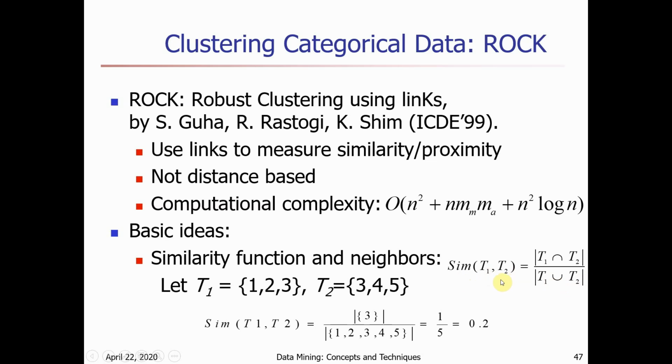This is the formula: sim of t1 comma t2 equals modulus of t1 intersection t2 divided by modulus of t1 union t2. Let us take t1 equal to 1 2 3 and t2 equal to 3 4 5. The intersection of these two is the value 3, only one value, divided by the union 1 2 3 4 5, which has 5 elements, that is 1 by 5. This is 0.2. This is the Jaccard coefficient.